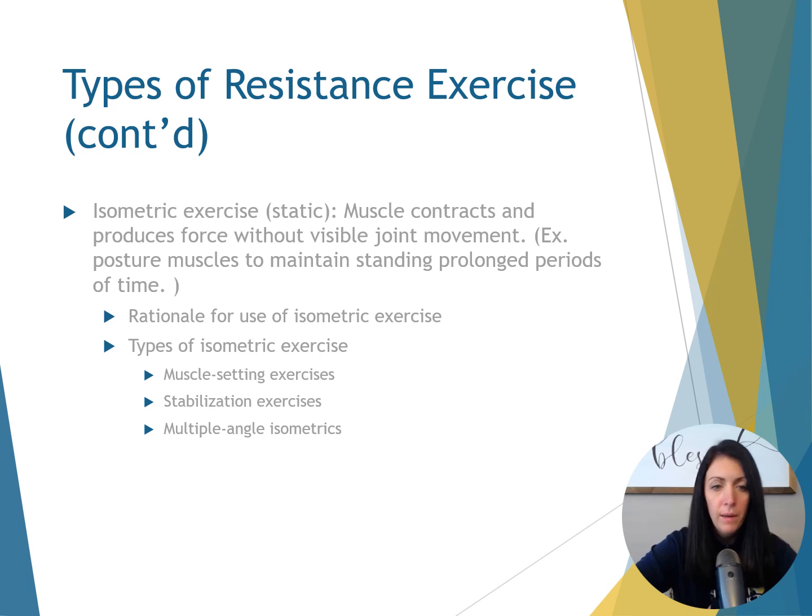Also talking about isometric or static exercise, where the muscle contracts and produces force when there's no visible joint movement. Especially your posture muscles, they perform isometrics all day long when you're in an upright position. For repetitive isometric contractions, for example, a set of 20 per day, held for 6 seconds each against near maximal resistance has been shown to improve isometric strength.